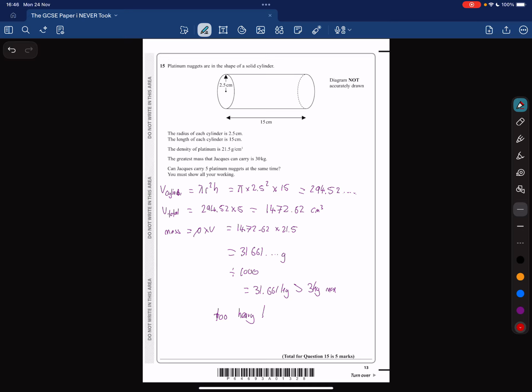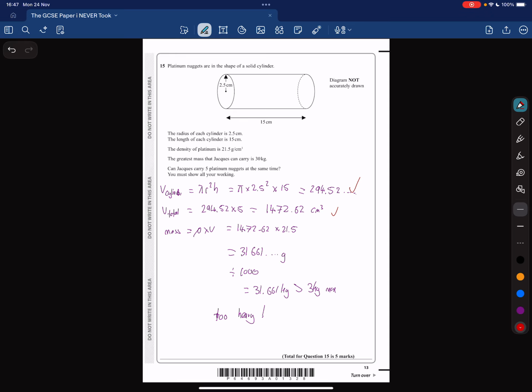Volume of the cylinder. Yes, I got that right. The total volume. Don't see as it was a massive volume.